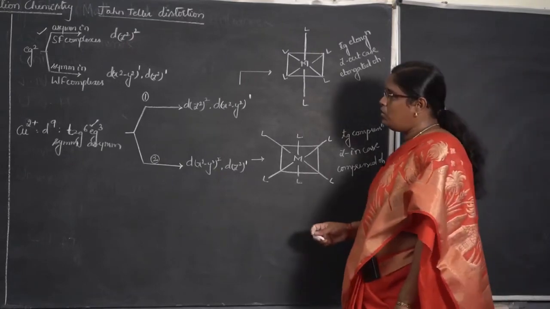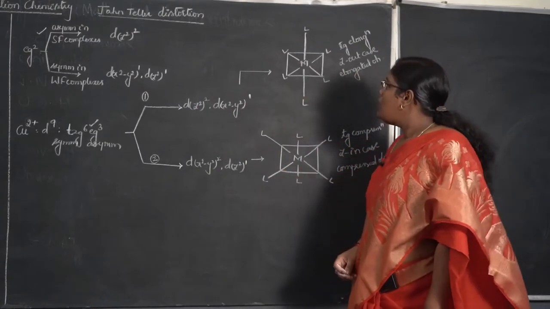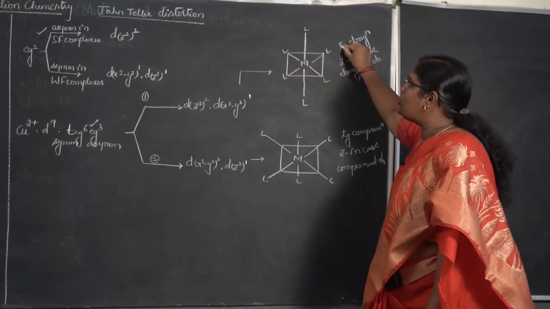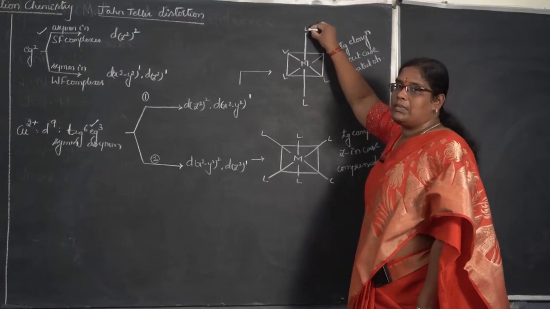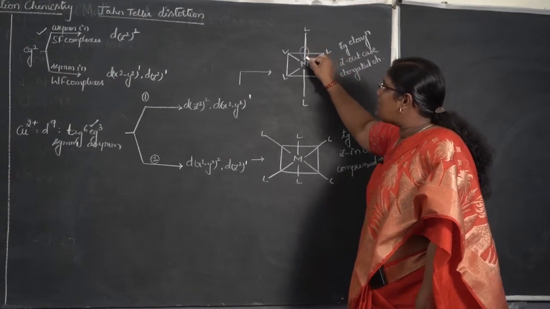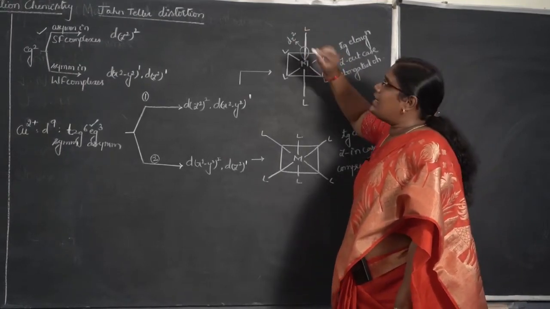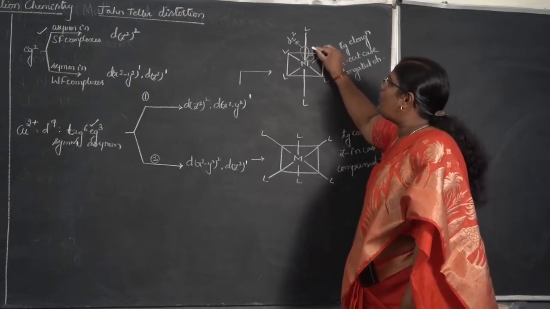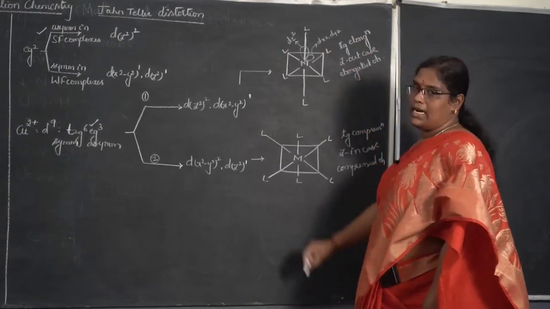Now, how to identify the energies of orbitals? So if you take the first case, tetragonal elongation, along the z-axis the ligands are away from the metal. Therefore, the orbital on the z-axis is nothing but dz square. And the orbitals close to the z-axis are dxz, dyz.